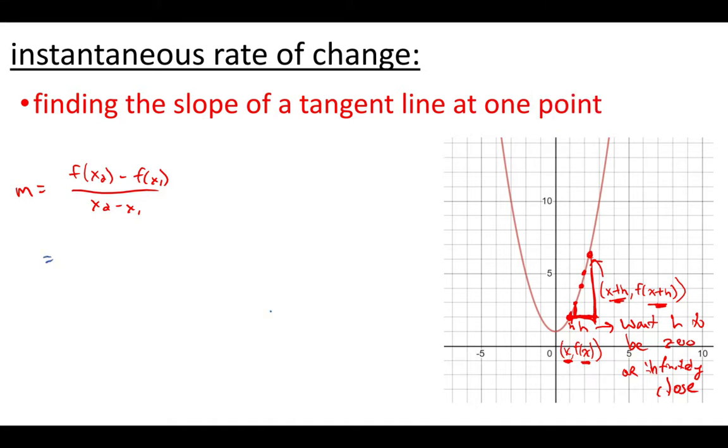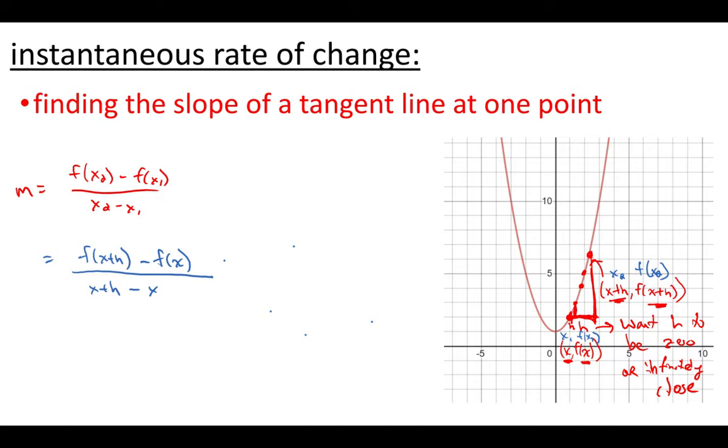Our f of x sub 2 is f of x plus h, our f of x sub 1 is just f of x, so minus f of x, over x sub 2, which is x plus h, minus x sub 1, which is just x, so minus x. So this is what we end up with.